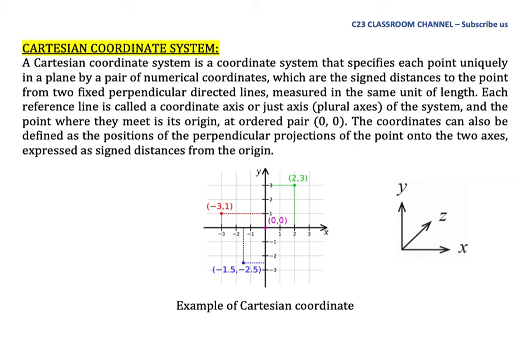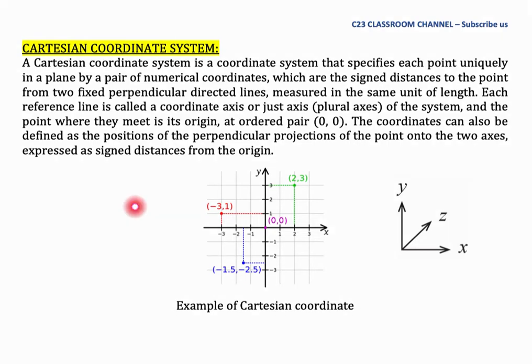Each reference line is called a coordinate axis or just axis of the system, and the point where they meet is its origin, an ordered pair (0, 0). The coordinate can also be defined as the position of the perpendicular projection of the point onto the two axes, and sometimes three axes, expressed as signed distance from the origin.